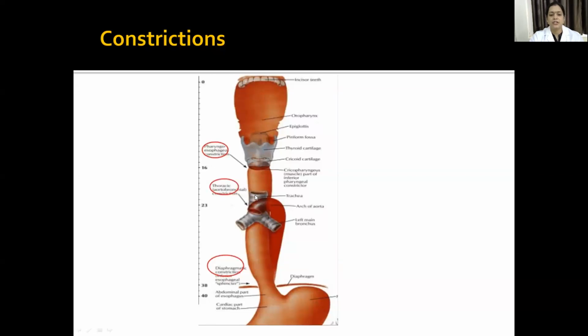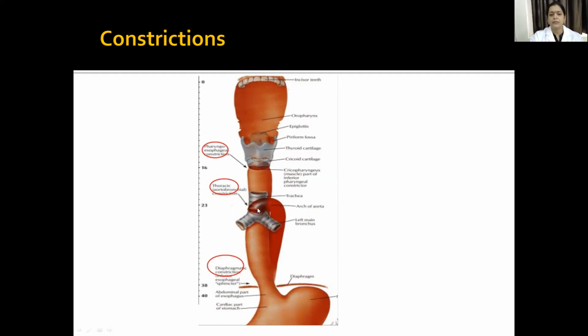The second constriction is at the bifurcation of the trachea, where the arch of the aorta arises. You can see the trachea is anterior to the esophagus, and the arch of the aorta is anterior initially, then the thoracic aorta runs behind the esophagus. The third constriction is the lower esophageal sphincter. So we have three anatomical constrictions.